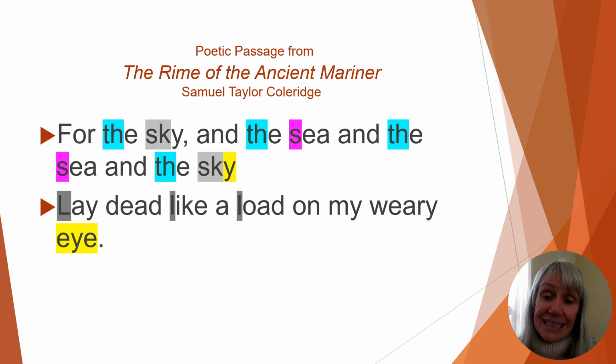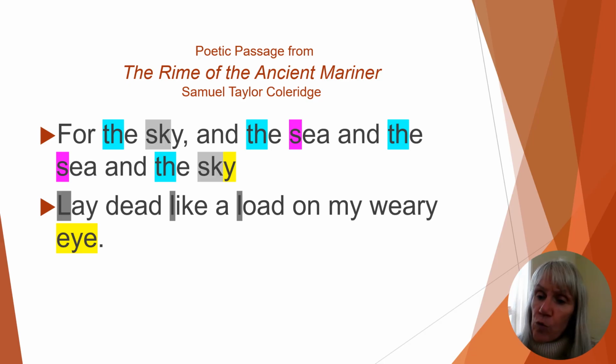Now let's look at the alliteration or the repetition of the onset in the second line. Lay dead like a load on my weary mind. So you have a repetition of the L sound in lay, like, and load. That's three times that we hear that, okay?